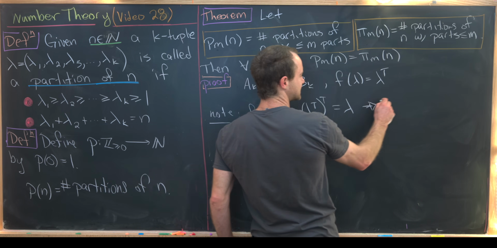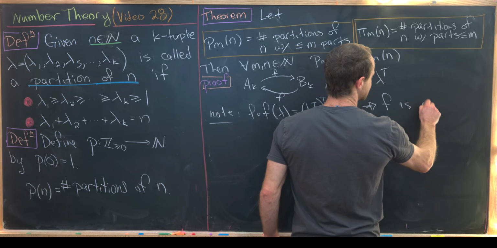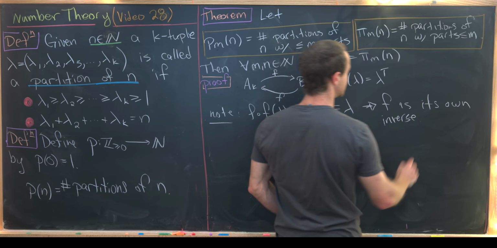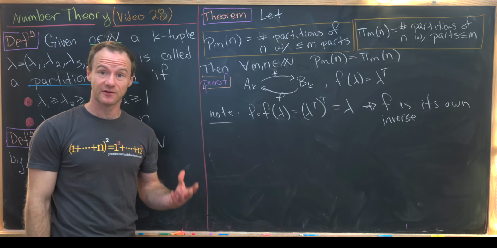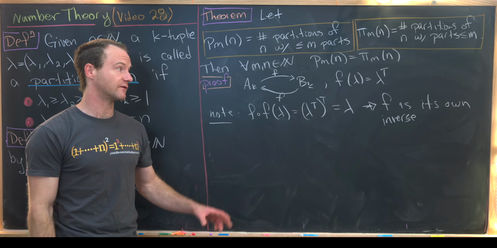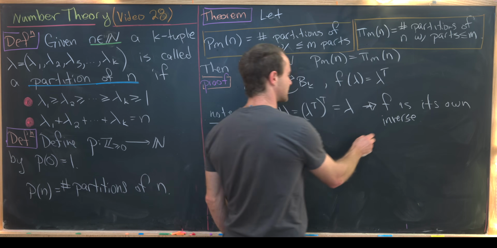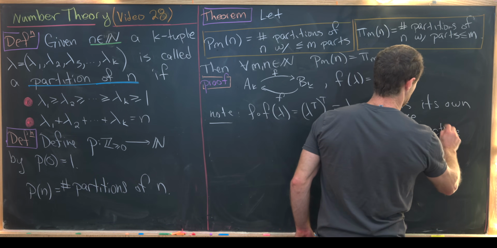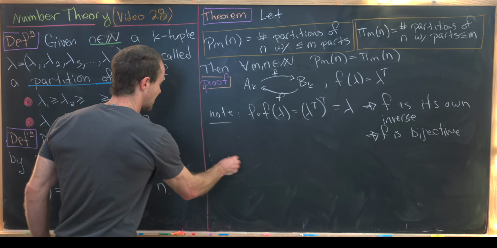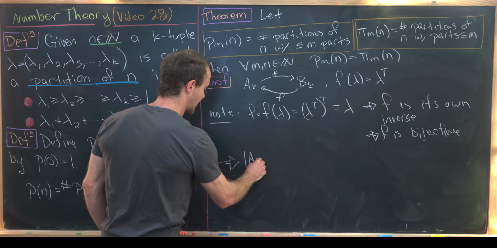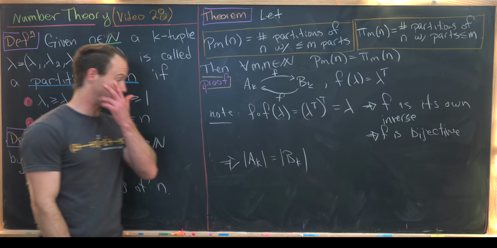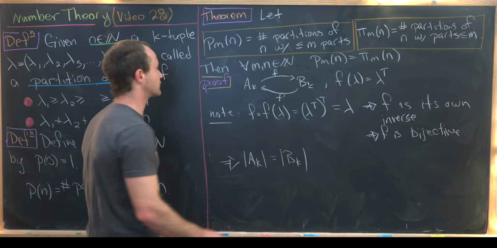So what that means is that f is its own inverse. But just the fact that it has an inverse, not even that it's its own inverse, but the fact that it has an inverse means that f is bijective. Okay, but if f is bijective, that means the number of elements in A_k is equal to the number of elements in B_k. And now we're pretty much ready to do it.